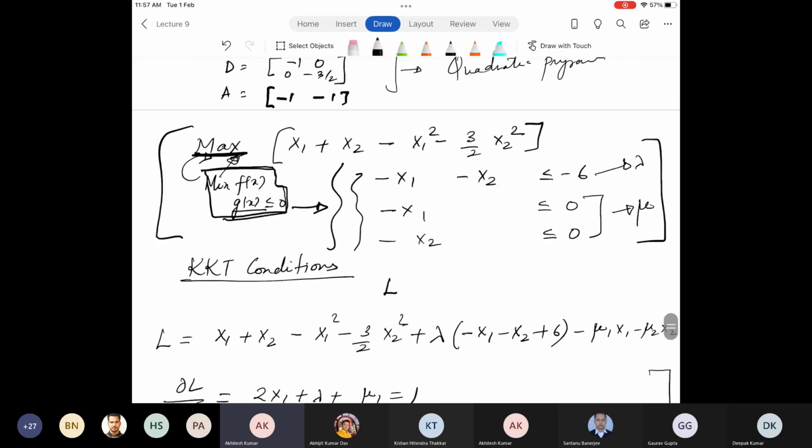So do one thing, use L equals x1 square plus 3 by 2 x2 square minus x1 minus x2 plus lambda times minus x1 minus x2 plus 6, minus mu1 x1 and minus mu2 x2. Everything else remains the same, the way we have proceeded. Proceed with this one.